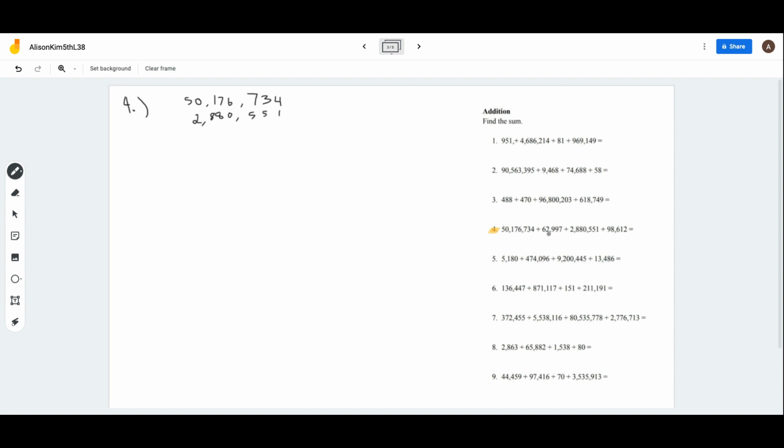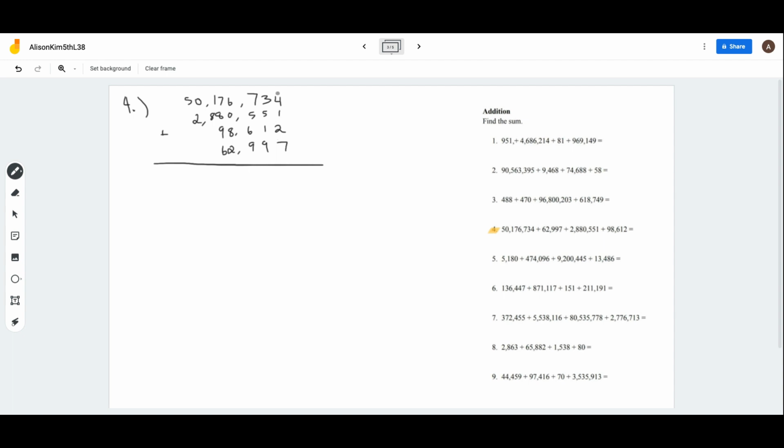And as for the 62,000 and the 98,000, it doesn't really matter because they're both in the 10,000s place, but I'm going to stick to my greatest to least order, so I'm going to put 98,612 first, and then next is going to be 62,997. And as you can see, I tried my best to make sure that all numbers are lined up. And now I'm just going to add.